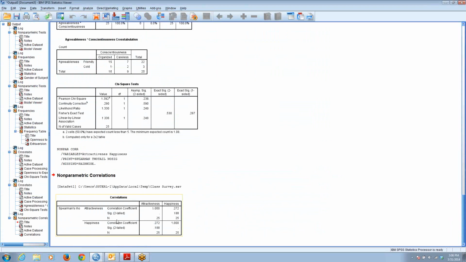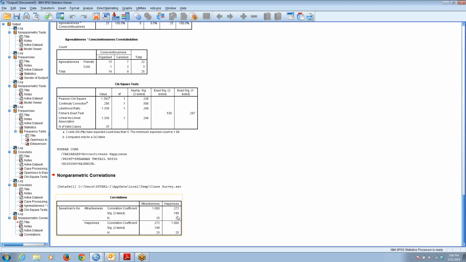Here we have the relationship between attractiveness and happiness. The significance is 0.188. And again, we're looking for 0.05 or less there. 0.05 or less would tell us that there's a significant correlation. Anything over 0.05 tells us that there is no significant correlation.